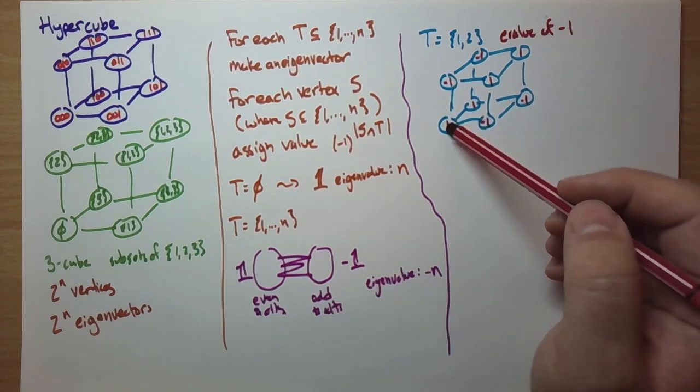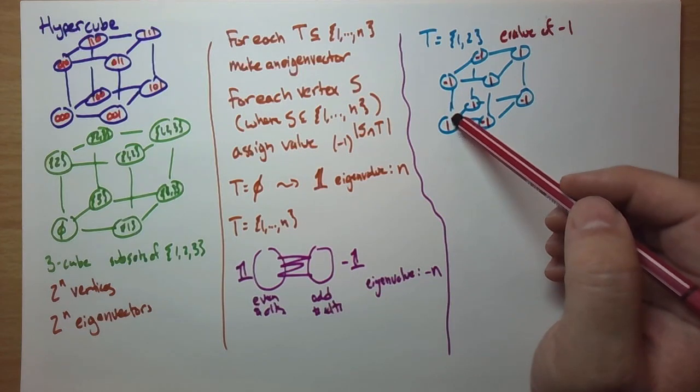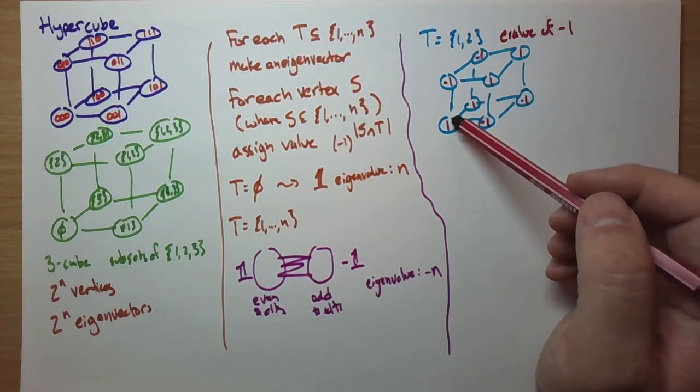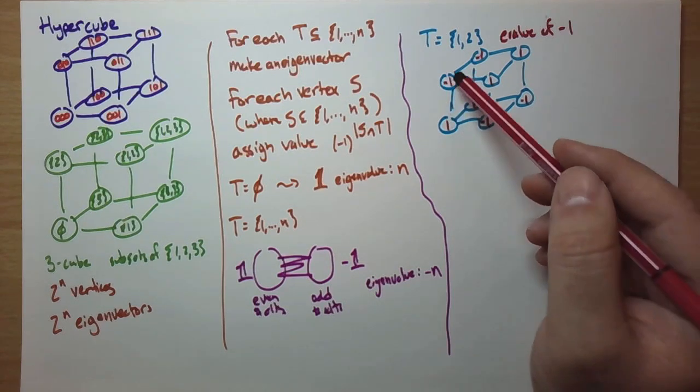Now if we change, how many ways can we change? Size of T. Because you can either add or remove any element in T. So you have size of T things which will have different signs.